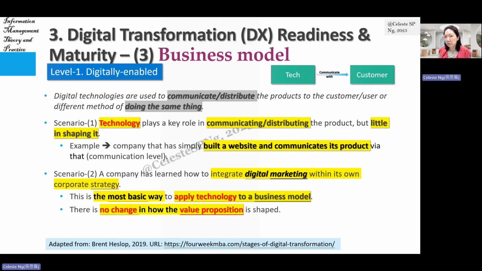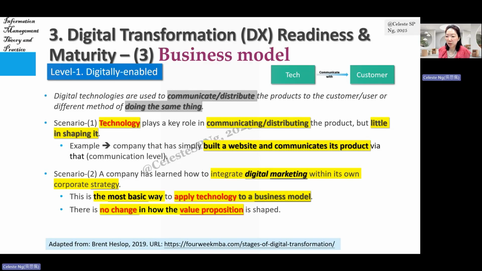This digital technology serves as an enabler, but it does not change how an organization delivers value to the customer. It does not bring any major change. It's just using a different method of doing the same thing.